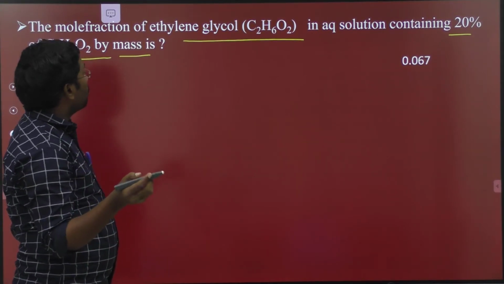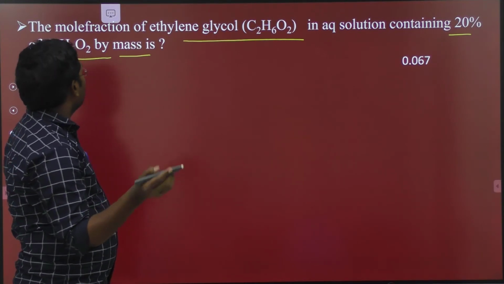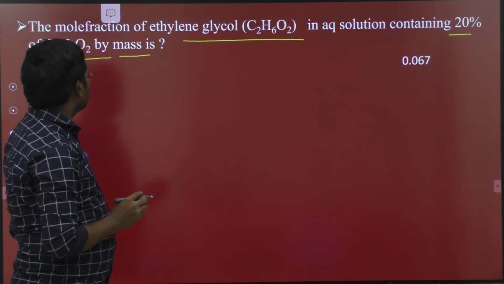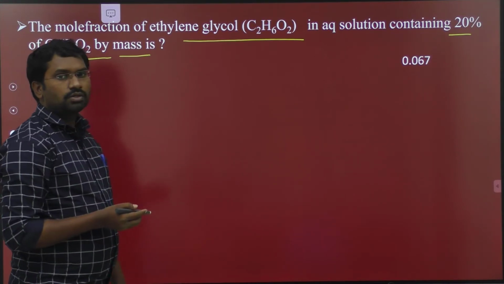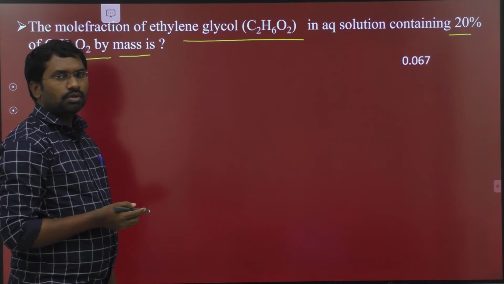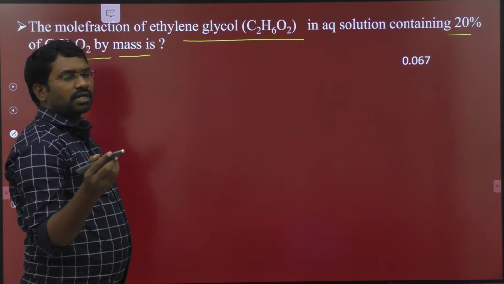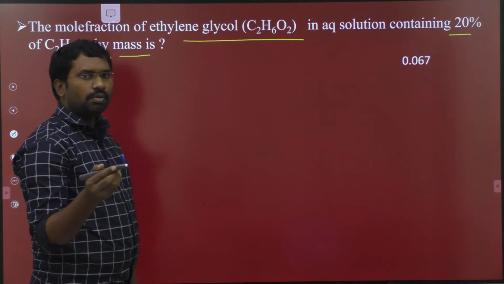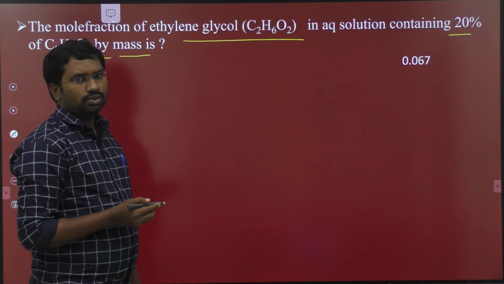Then find out the mole fraction of ethylene glycol in aqueous solution containing 20% of ethylene glycol by mass. This problem belongs to the mole fraction concept. You know that mole fraction can be defined as moles of the component by moles of all components of the solution.